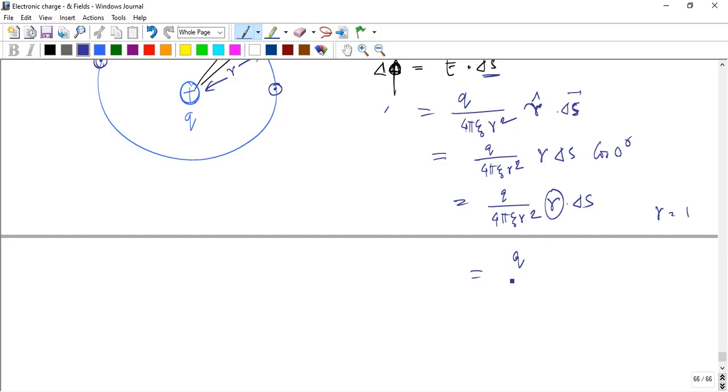So Q over 4 pi epsilon naught r square, and the integration of dA gives the flux phi, if I integrate d phi, I get phi.